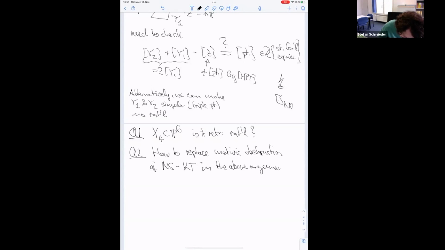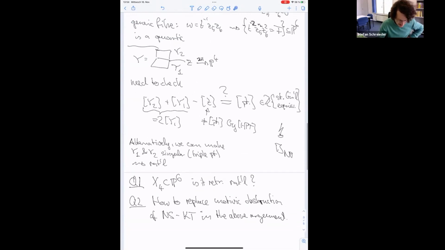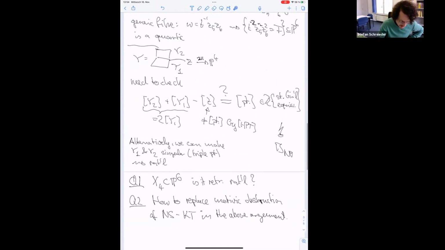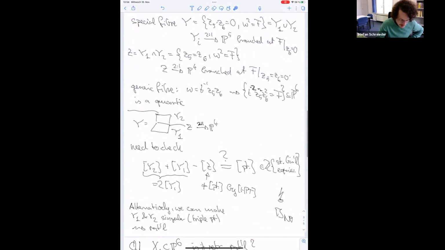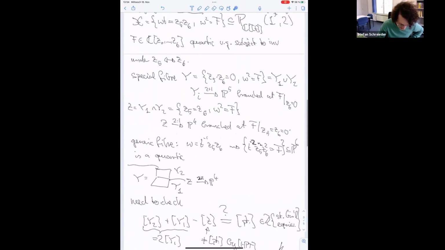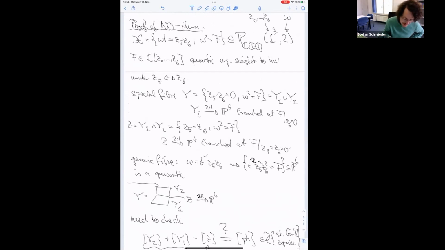I mean, this result of Nikese-Schindler, Kontsevich-Zinkel is very, very central here, and one needs a replacement for this. So what I'm saying is that I want to use a similar degeneration as they are using.